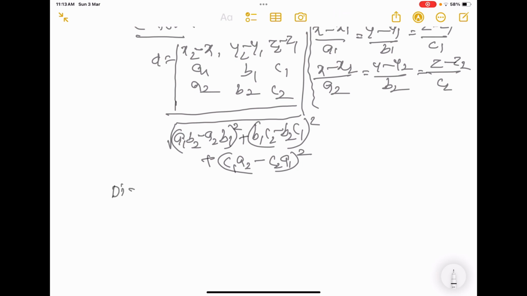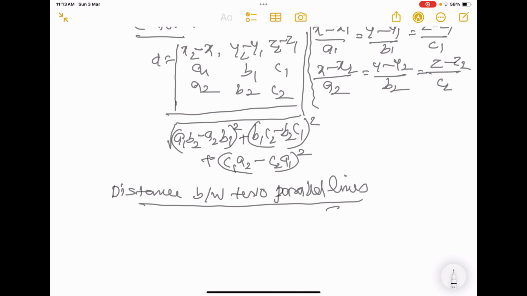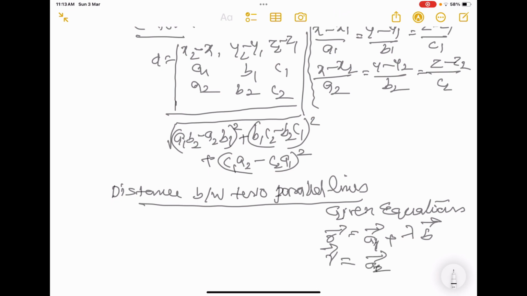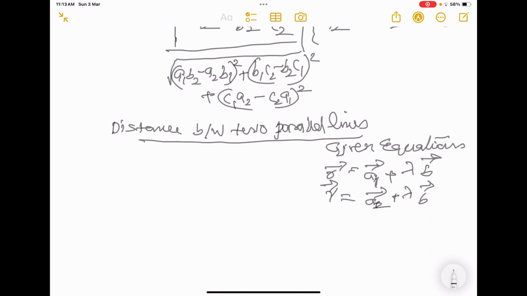Then distance between two parallel lines. Given equations, vector r equal to vector a1 plus lambda vector b, and vector r equal to vector a2 plus mu vector b. Here please listen, in parallel lines the b part will be the same.